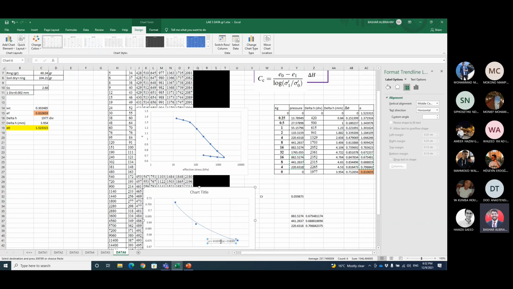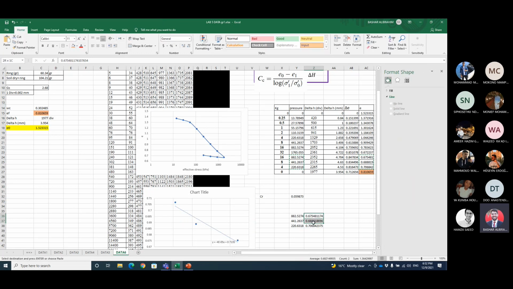Because it is using ln, so we must take the log of these values. For some reason it is a name. 1 second, I will do it in another place.